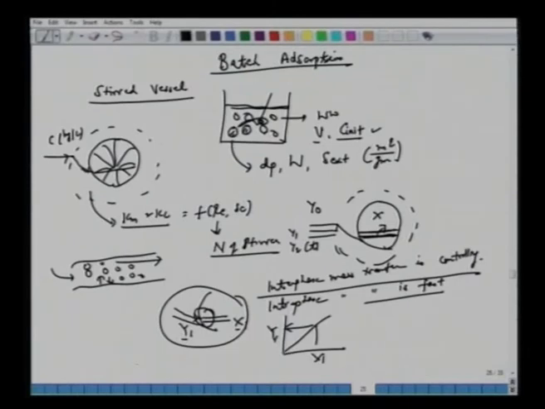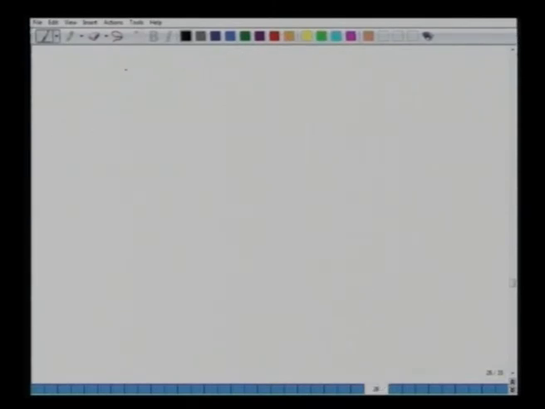This assumption has two consequences. One, there is only one solid phase concentration level, no concentration gradient inside.